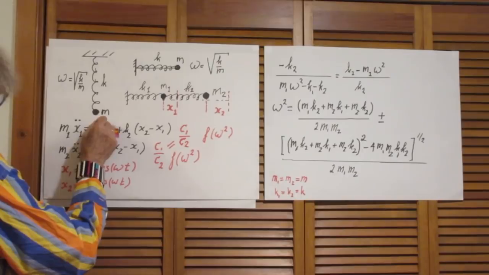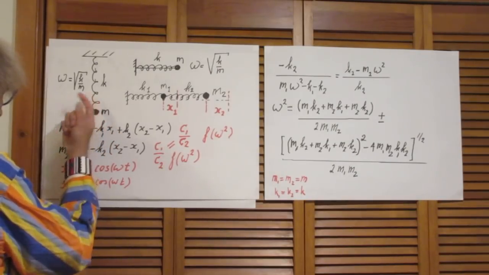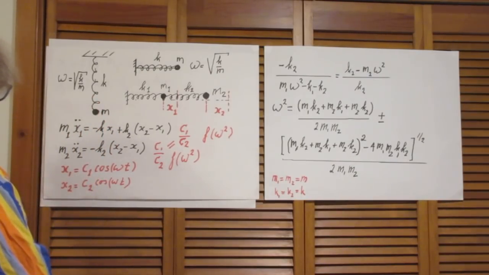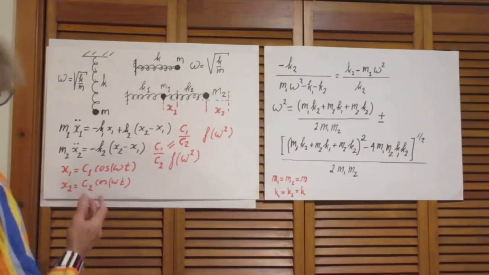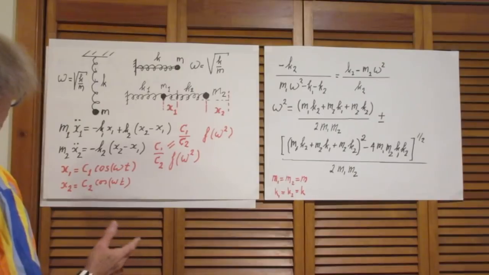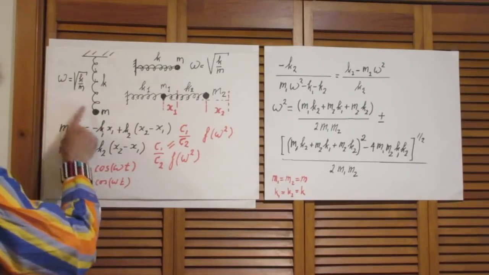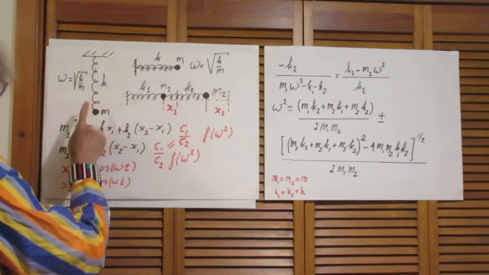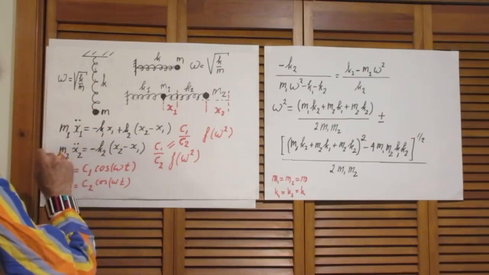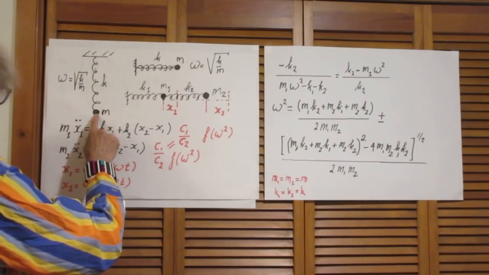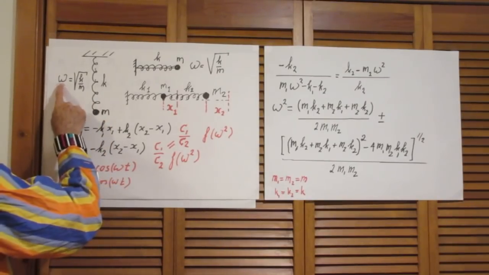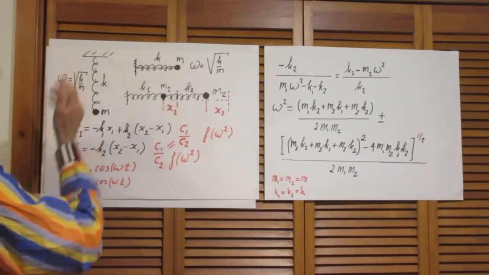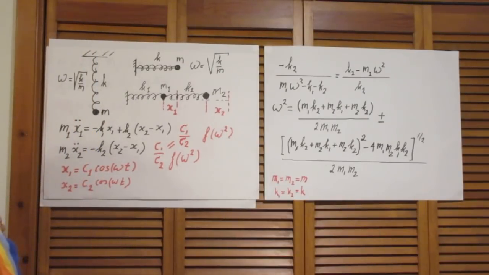If you write down the differential equation, ma equals minus kx, you will find that the resonance frequency of a single spring hanging vertically, assuming you can ignore the mass of the spring, is omega equals the square root of k over m, the standard result that we have seen countless times.